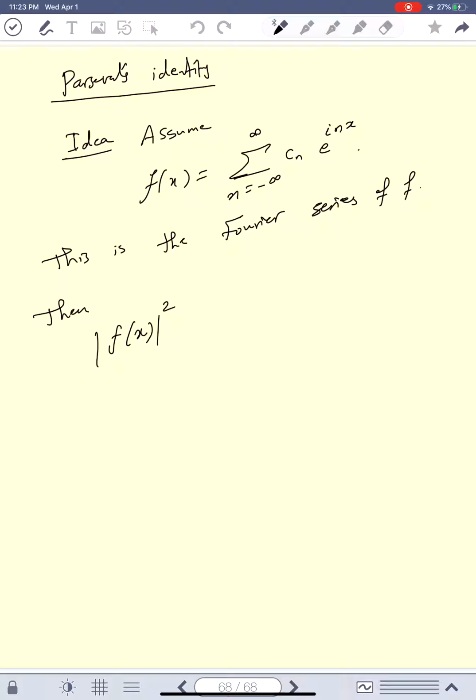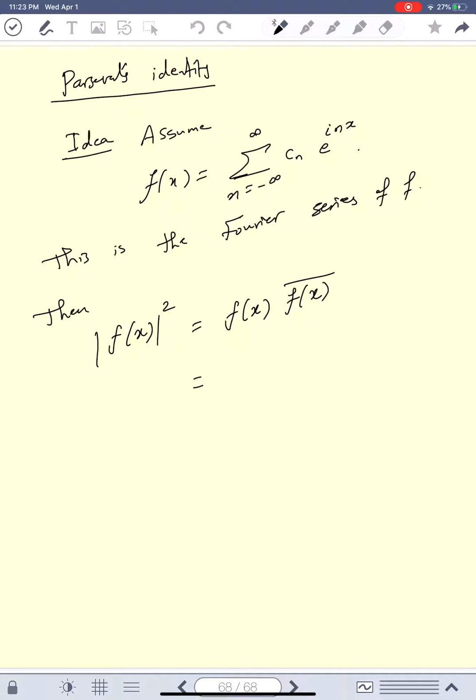So what do we mean by the absolute value of f squared? It is the function times its conjugate. It's like a plus bi times a minus bi. The conjugate of a plus bi is a minus bi. Again, if you have difficulties with this, please tell me, and I will clarify it in one video.